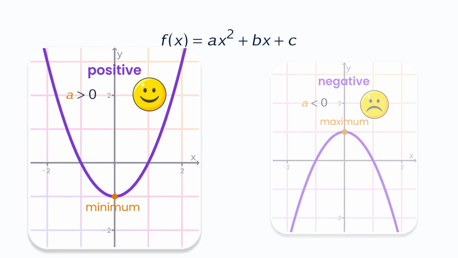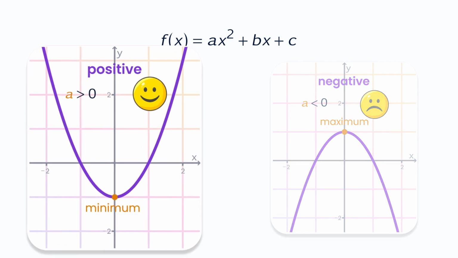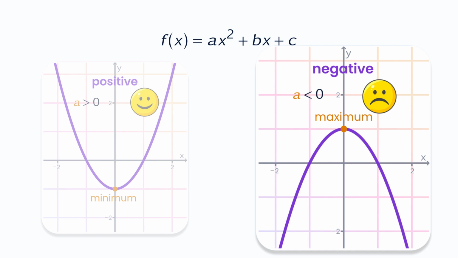If a is positive, the graph is shaped like a smile. In this case, the quadratic function has a minimum value. If a is negative, the graph will be shaped like a frown. This means the quadratic function has a maximum value.